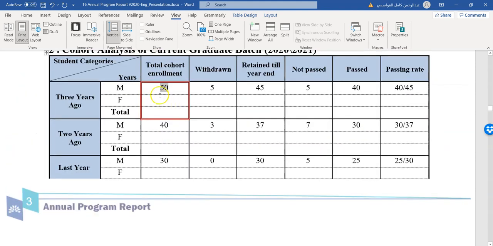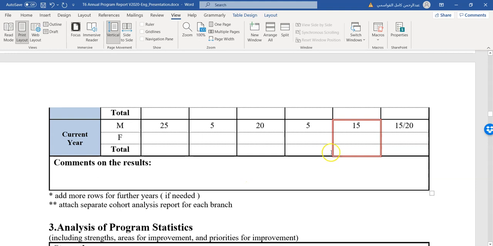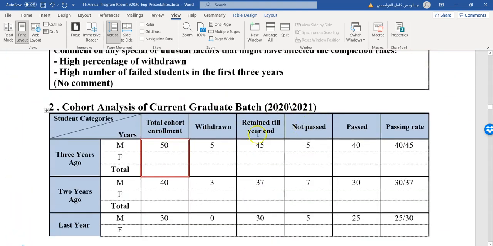Now, from 50 students, I have now 15 students, which means 15 students out of 50 graduated, because these 15 students within the minimal time, which means 35 students.